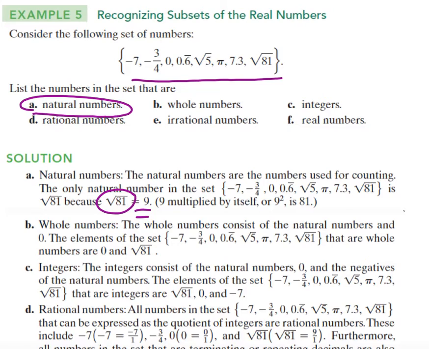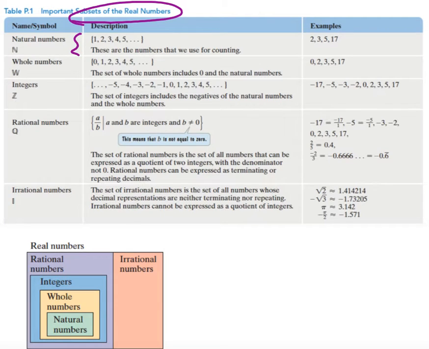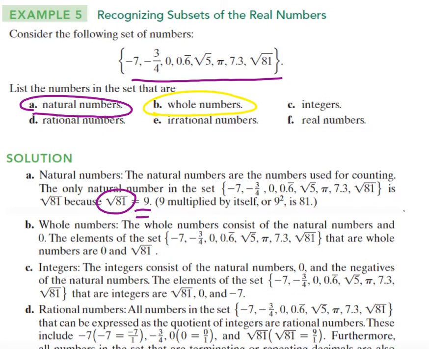All right, next one, whole numbers. The definition of a whole number is your counting numbers, and they also include the number 0. So we already talked about square root of 81 reduces to 9, and then we also have 0 in there. So those are our two pieces.